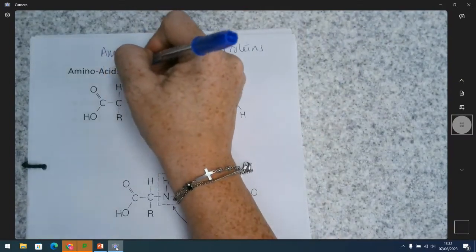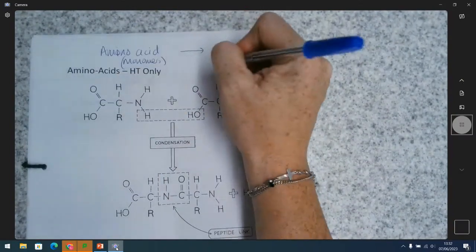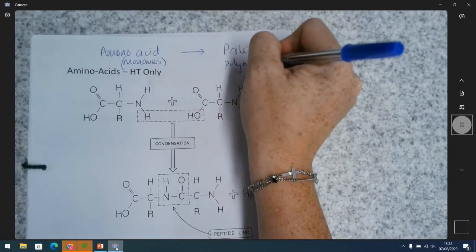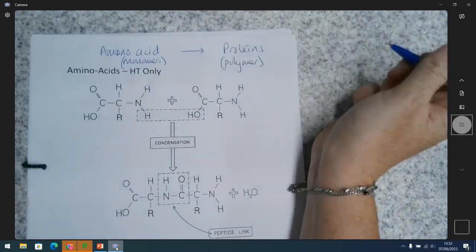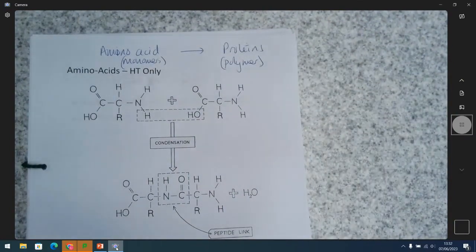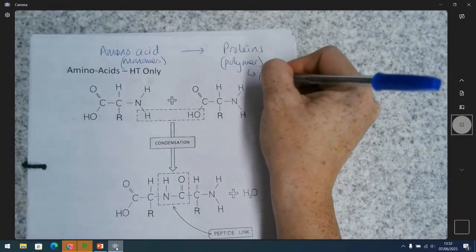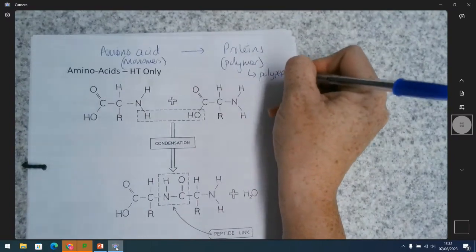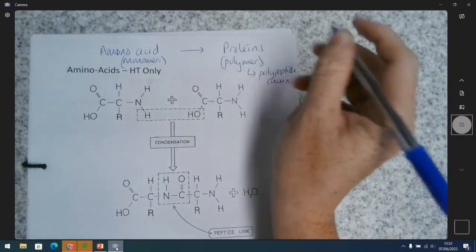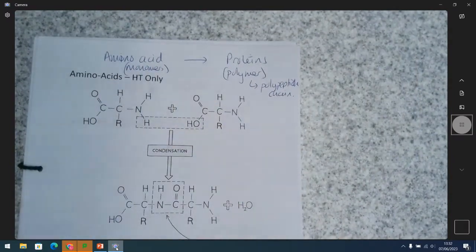So monomers and polymer, because it's called a polypeptide chain. Okay, so I will put that in there. So proteins, fancy name, are polypeptide chains. And you have got a whole variety of different amino acids within your body. They chemically join together to form proteins.